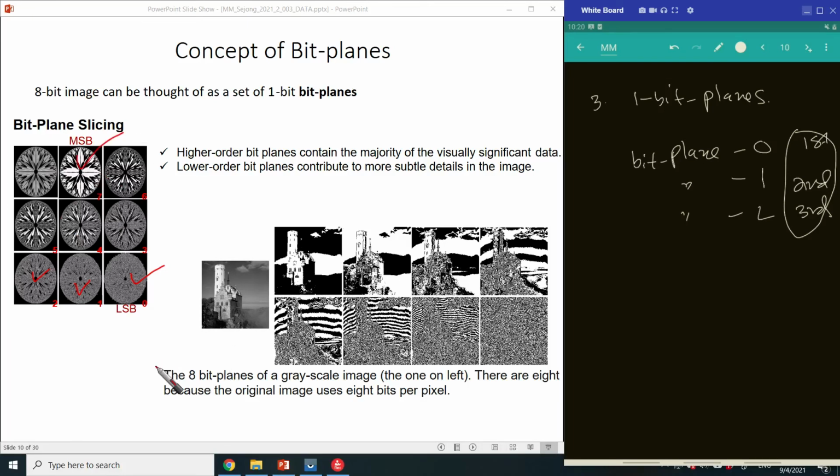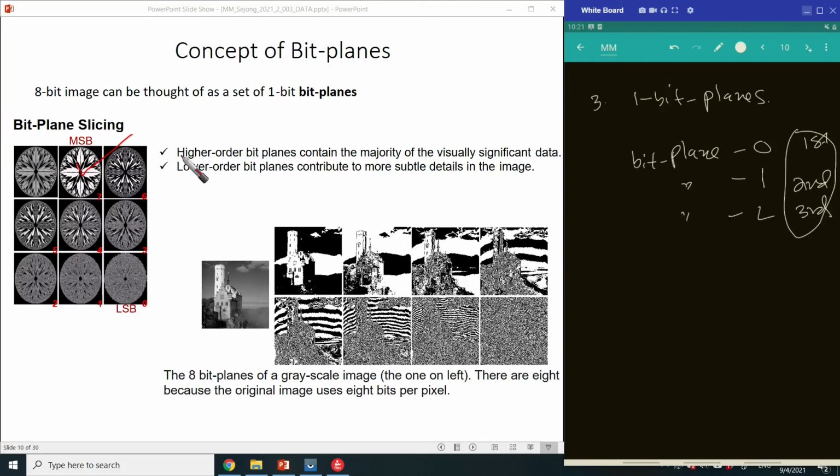Now look carefully at the LSB plane and the MSB plane. The MSB plane is much more similar to this picture. So when we are interested in seeing visually significant content, only the MSB is enough. Only one plane of information is enough.